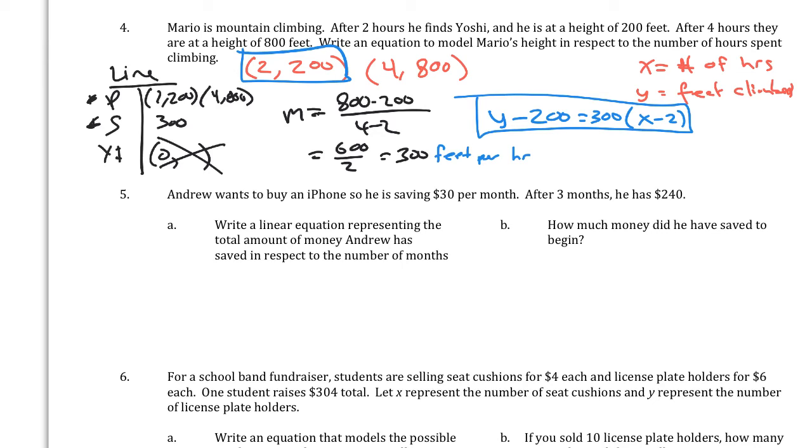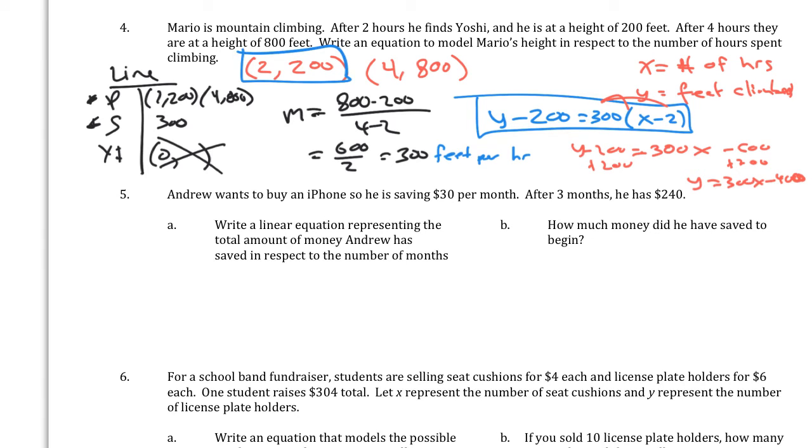So what we could do is distribute this out and do y minus 200 equals 300x minus 600, and then we would add 200 to both sides, and we get y equals 300x minus 400.